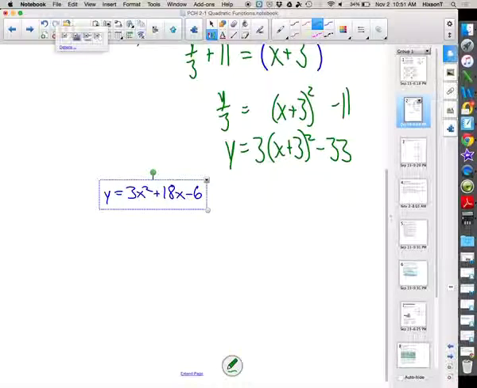Okay? The other way is to leave the 3 and the 6 on the right side of the equation, but what we're going to do with them is we're going to take the 3 and we're going to factor it out, but we're only going to factor it out of the first 2 terms. Okay?